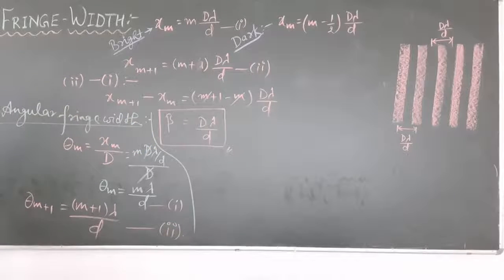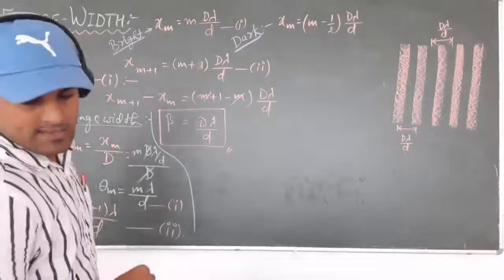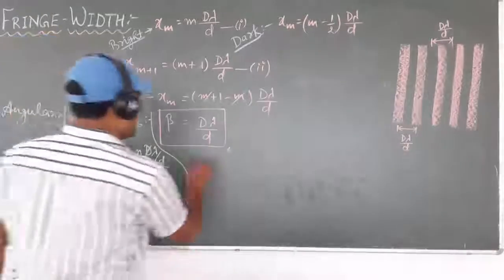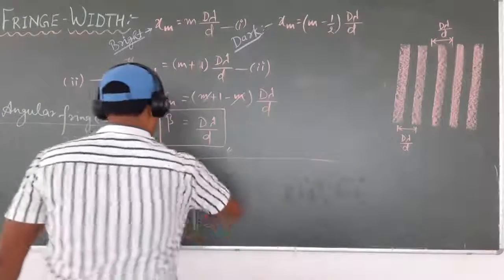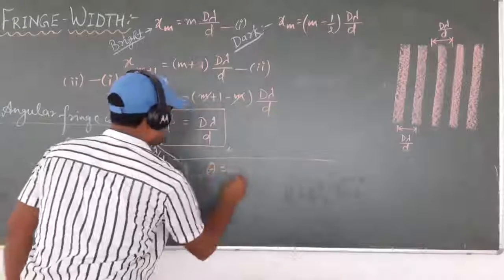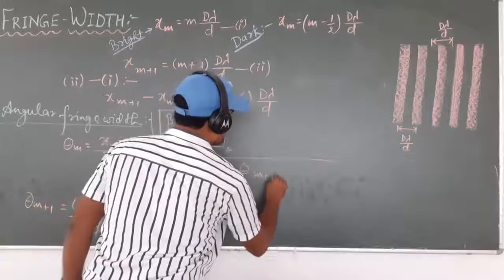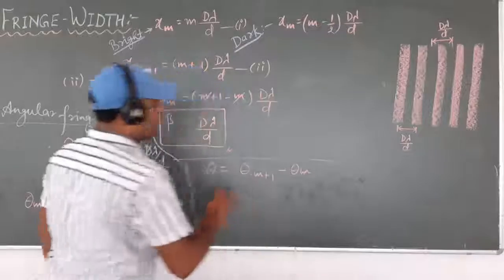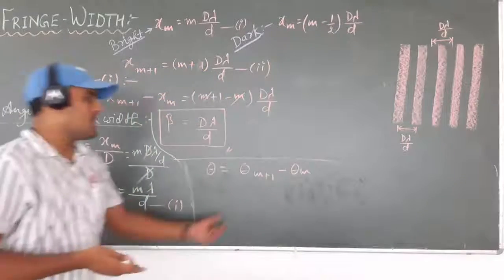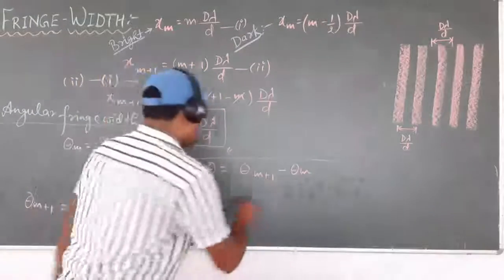Okay students, now we can find the angular width easily, like in the previous case. So see, angular width theta is equal to theta m plus 1 minus theta m. मतलब m plus 1 की angular position से m की angular position को subtract कर दें.